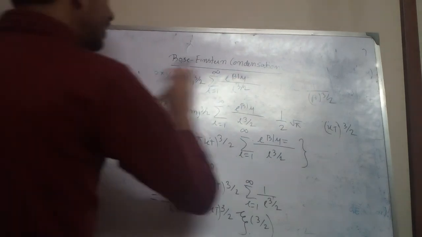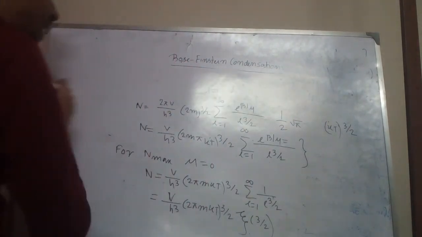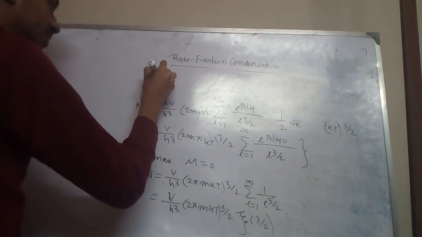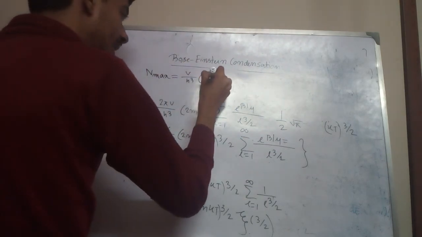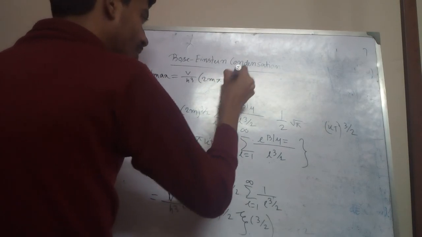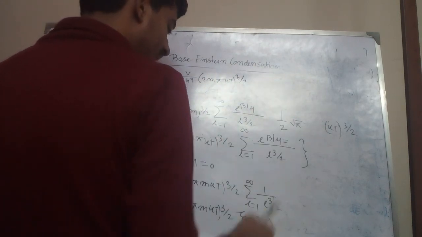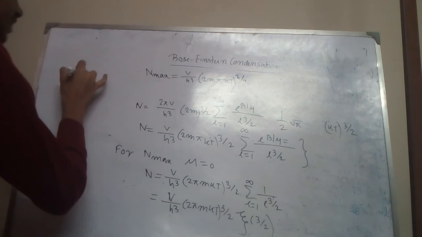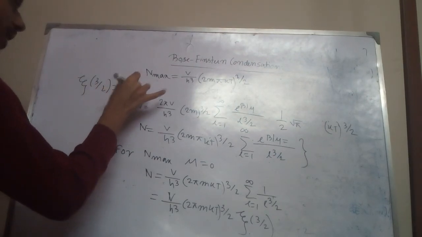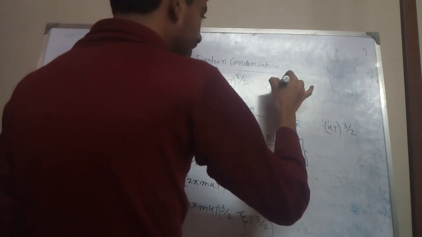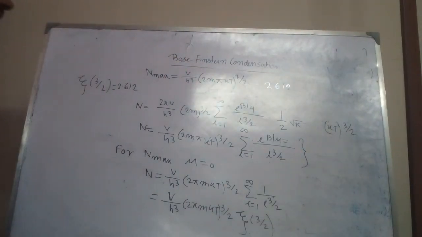So the number of particles at max is V by h cubed (2 pi m kT) whole to the power 3 by 2, and zeta 3 by 2 has a value of 2.612. So this is the value of N max.